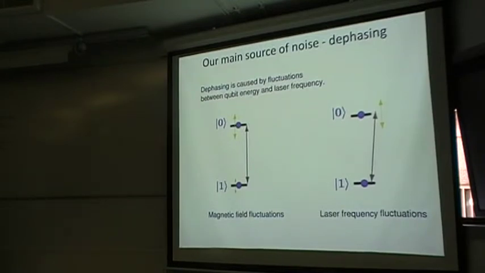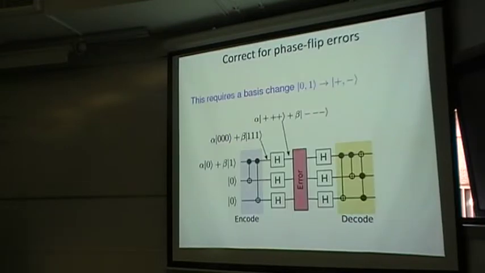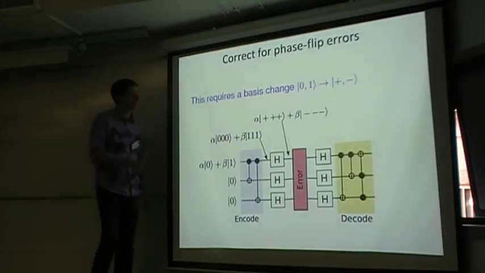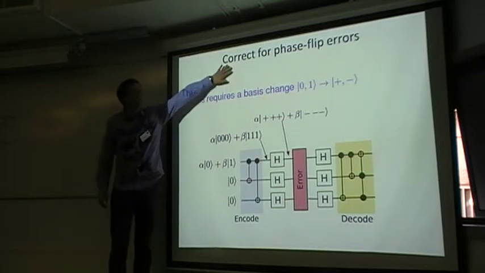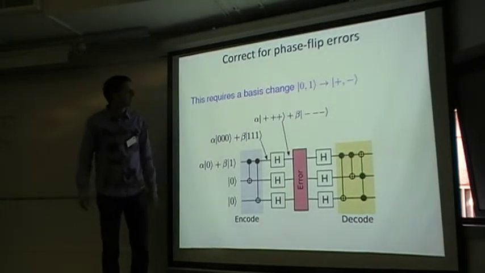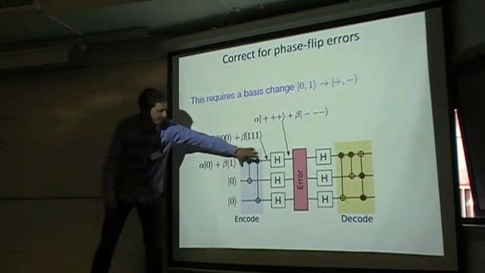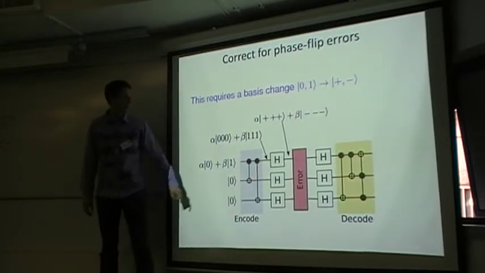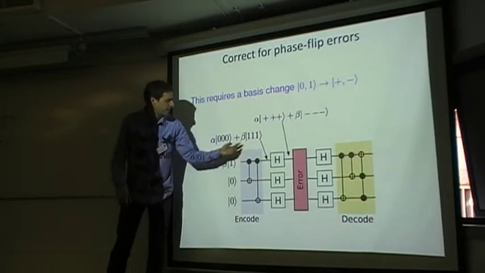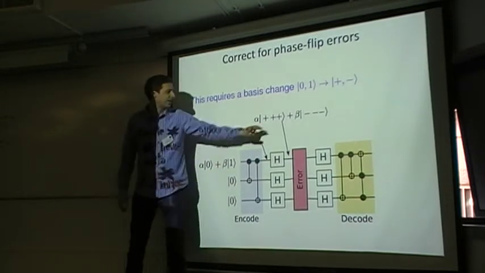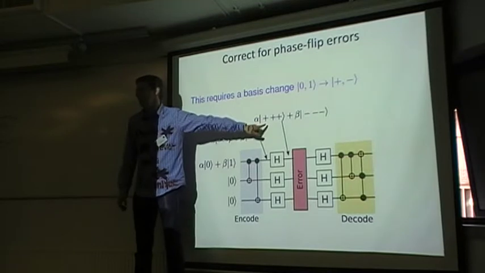So it's actually a kind of collective phase error for all of the ions at the same time. We'll come to that in a second again. So we want to correct for such phase flip errors, and due to that, of course, we also need to change our basis now. So before, I had told you about the error correction of the bit flip errors, and to change to phase flip errors, we just need to go from 0 to plus, or from 1 to minus.